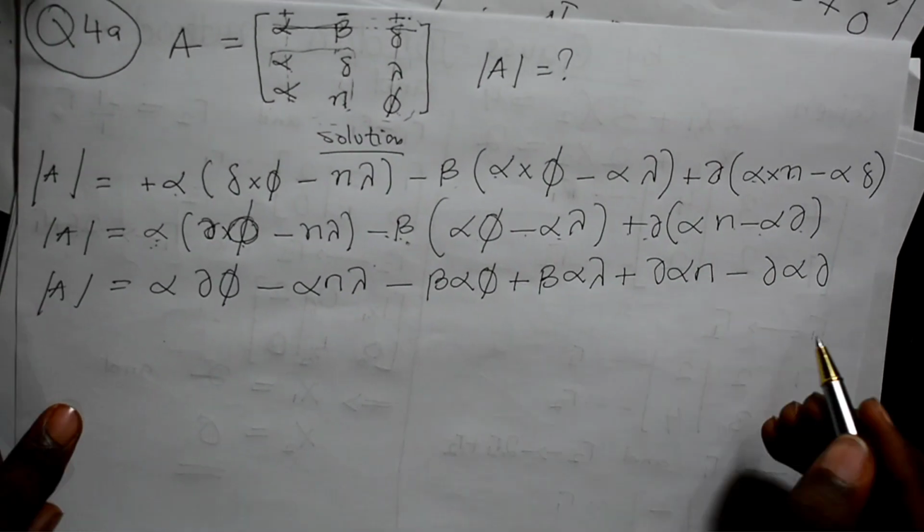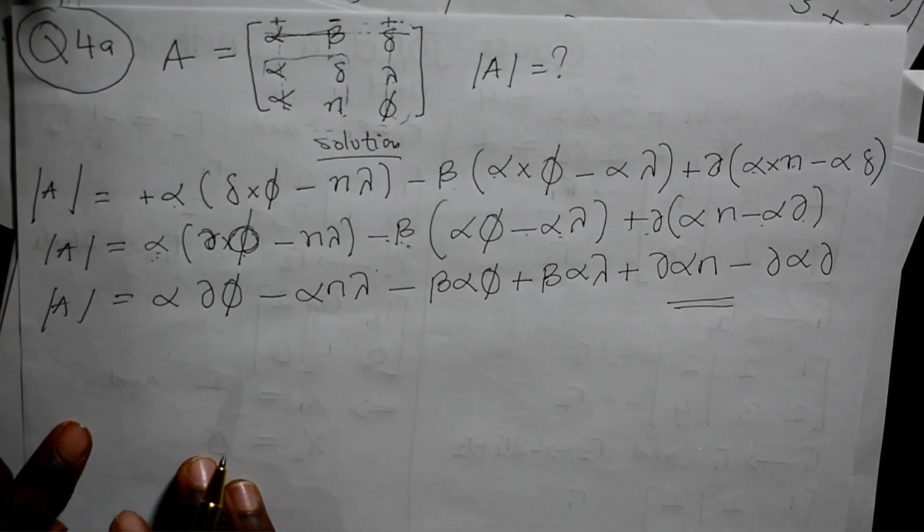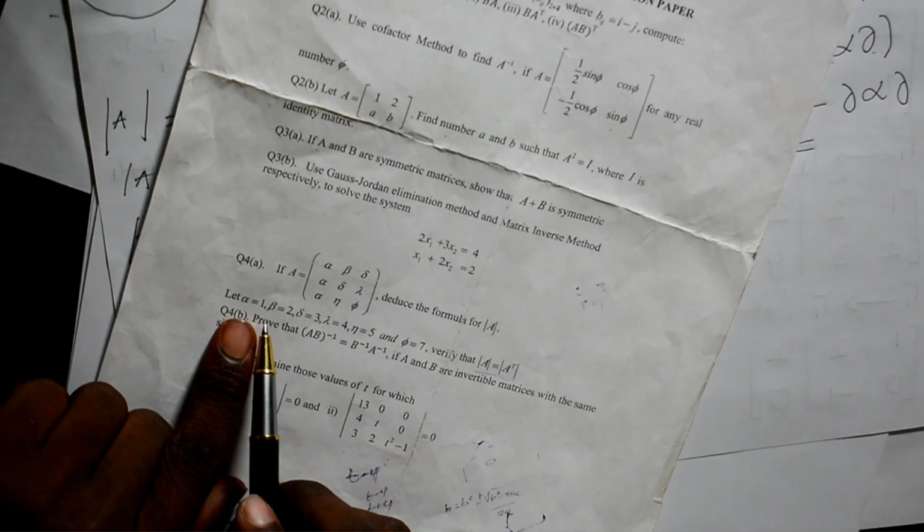So now this is the deduced formula for A determinant. So now let's move to the next.